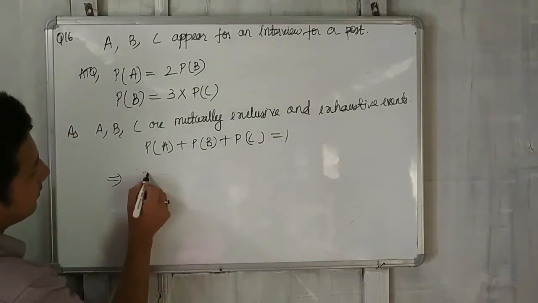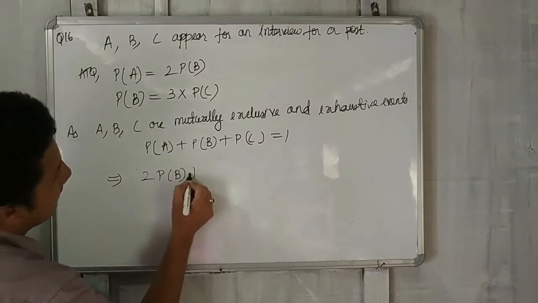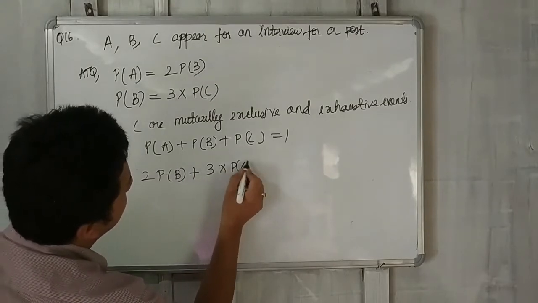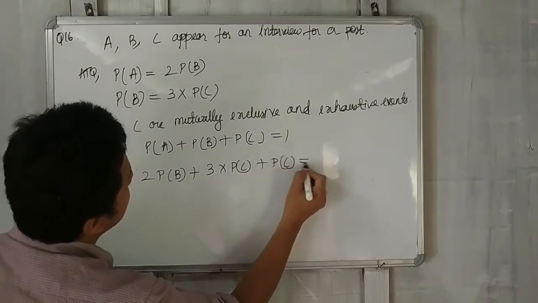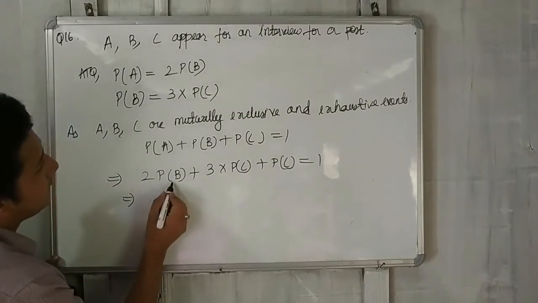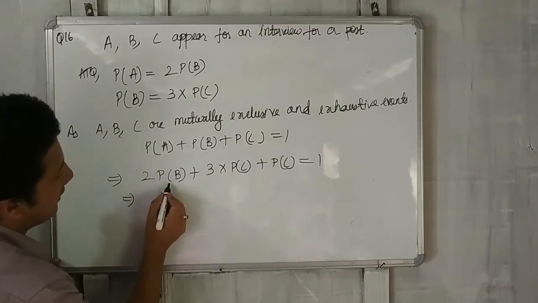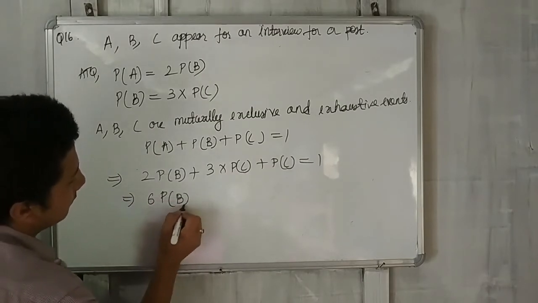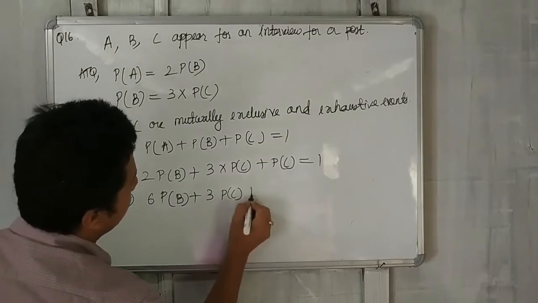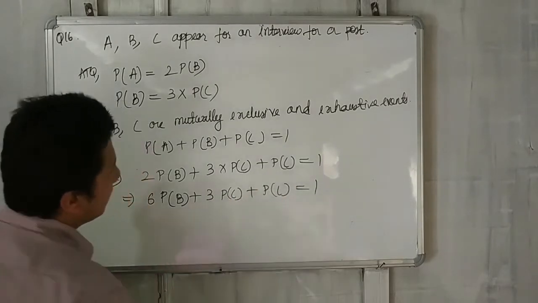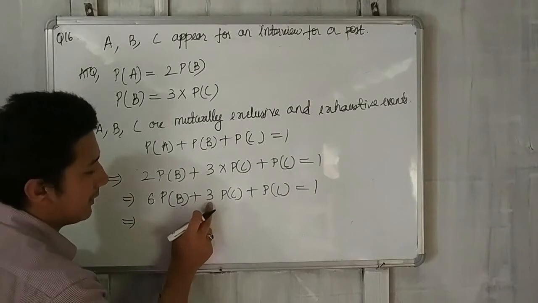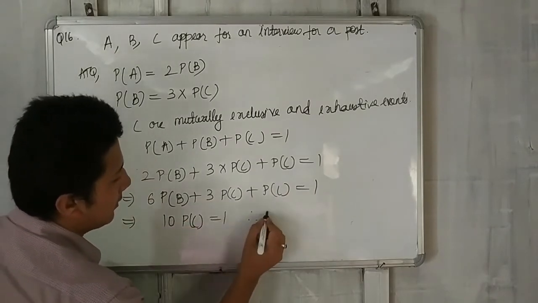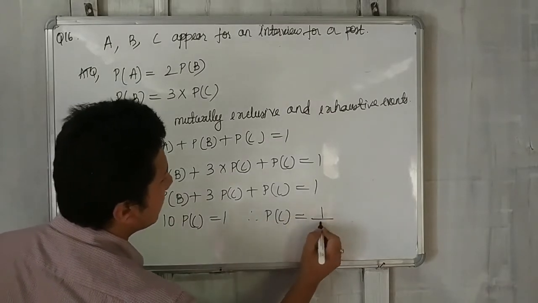Probability of A is twice probability of B, and probability of B is thrice probability of C, and probability of C, keep it as it is. So 3 into 2 is 6 PC plus 3 PC plus P of C, so 6 plus 3 is 9, 9 plus 1 is 10. So 10 times probability of C is equal to 1, therefore probability of C being selected is 1 by 10.